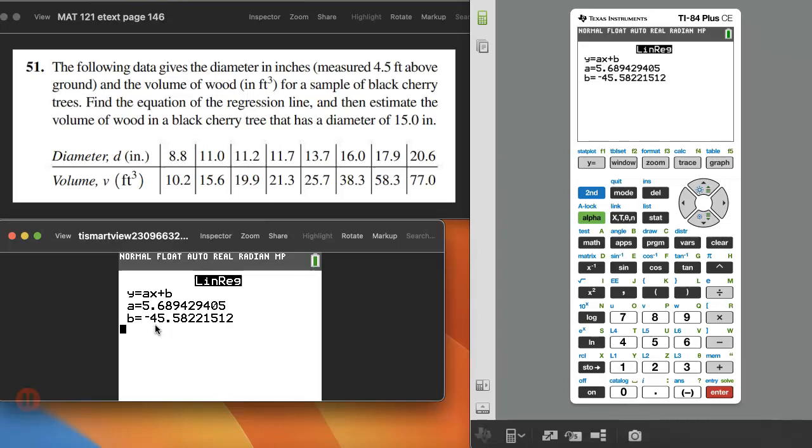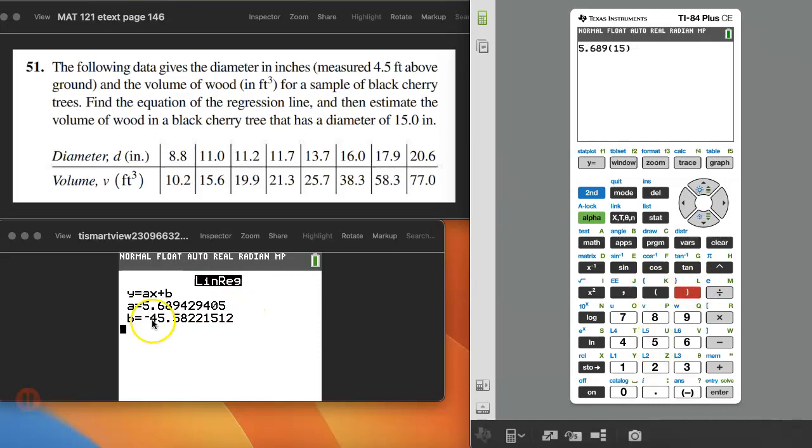Next, after we found this regression line, we were asked to then estimate the volume if the diameter is 15 inches. So I have a formula per se right here. And what I can do with that formula is plug in my parameters, A being 5.689 approximately, times X, which X, remember, is a diameter, and we're given a diameter for this particular question of 15.